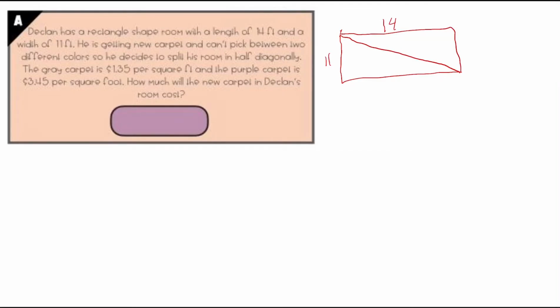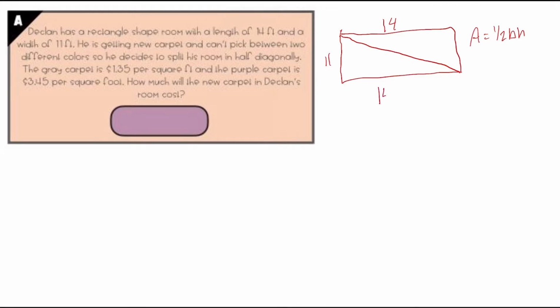So I'm looking for the area of each triangle so I can figure out the cost of each color carpet. I know that my equation for area is that area equals 1/2 base times height. And I know the 1/2 means that I can also look at it as dividing by 2.